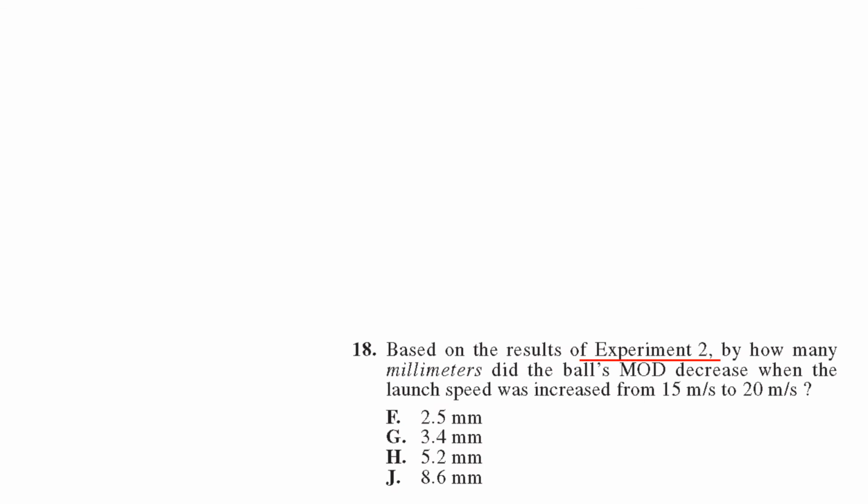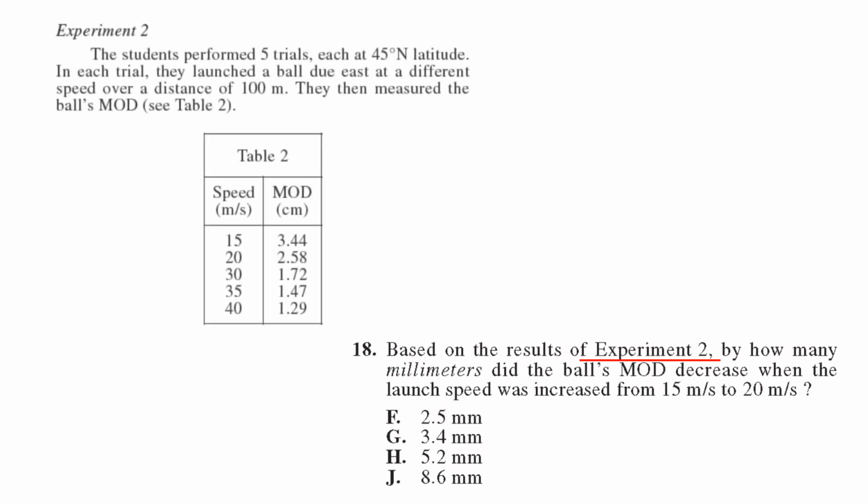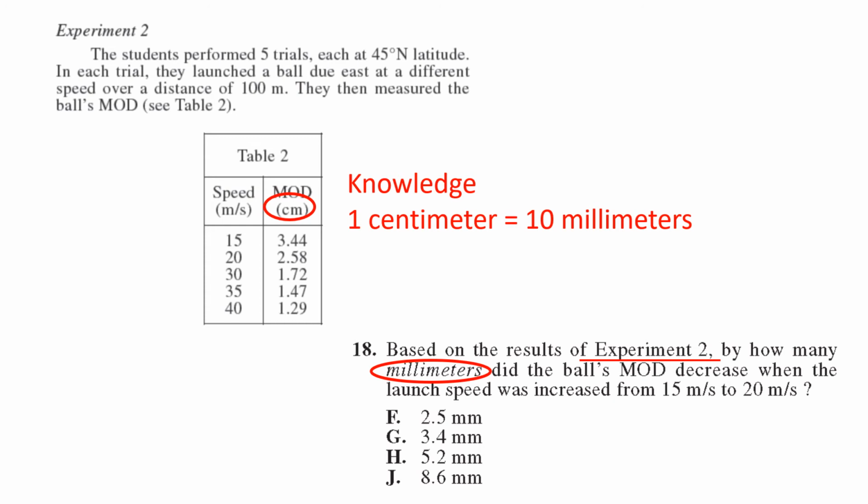Based on the results of experiment 2, so finger on experiment 2, by how many millimeters did the ball's MOD decrease when the launch speed was increased from 15 to 20? So we're going from 15 to 20, but that gives it in centimeters. So there's a little bit of knowledge in this question. You have to know that 1 centimeter equals 10 millimeters.